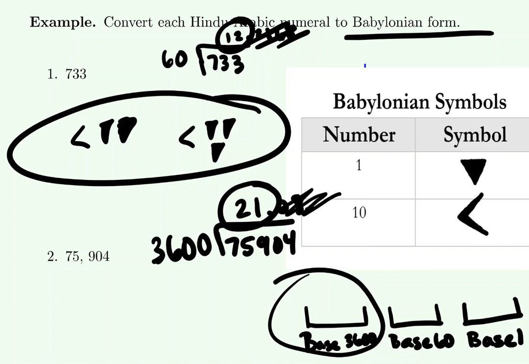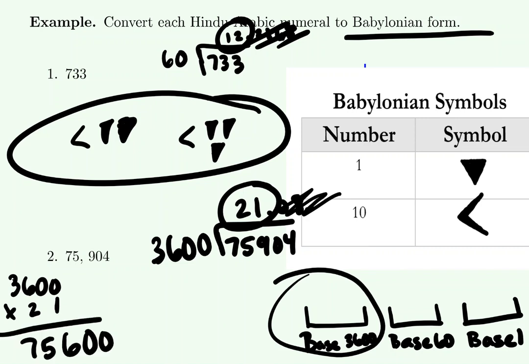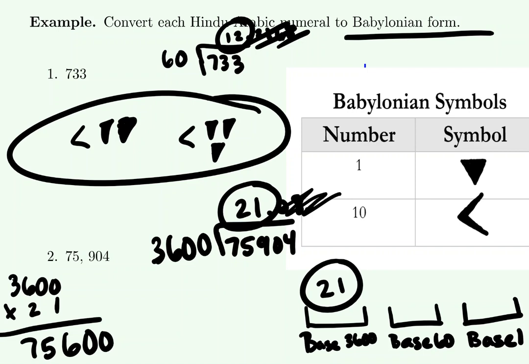Off to the side, we would see exactly what 3,600 times 21 is. How close does that get us to the value we're trying to find? We would get to 75,600. Now we want to represent 75,904. Eventually we're going to write 21 in the base 3,600 position in Babylonian symbols, but that only gets us to 75,600.